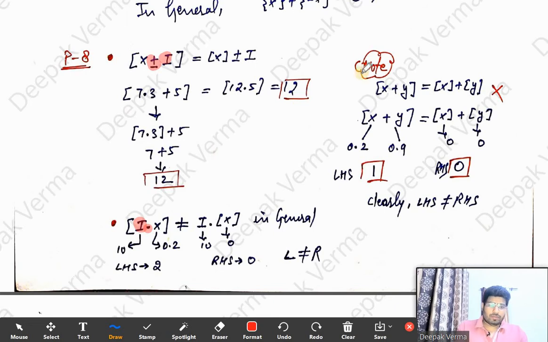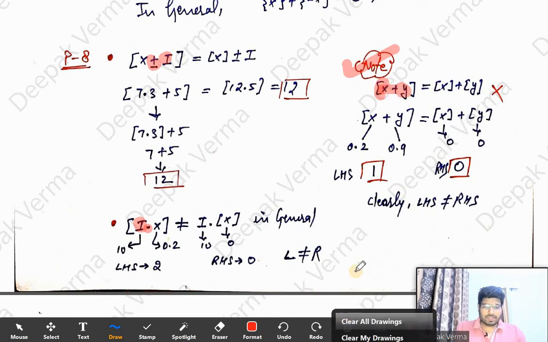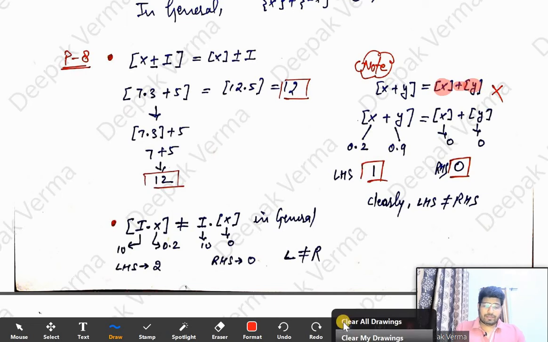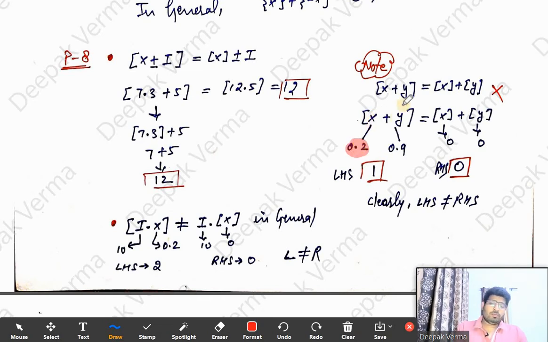One more thing you can memorize: box of x plus y. If we write this equals box x plus box y, then this is of course wrong. Why is it wrong? We can verify it. Let us suppose x equals 0.2 and y equals 0.9. On left hand side, 0.2 plus 0.9 is 1 point something, and box of 1 point something will be 1.